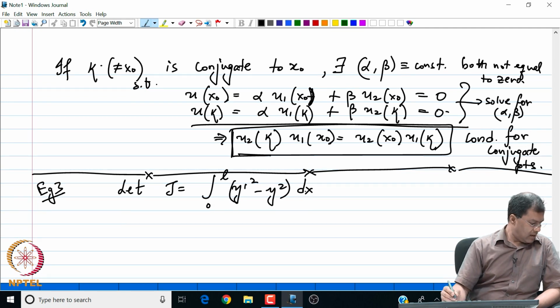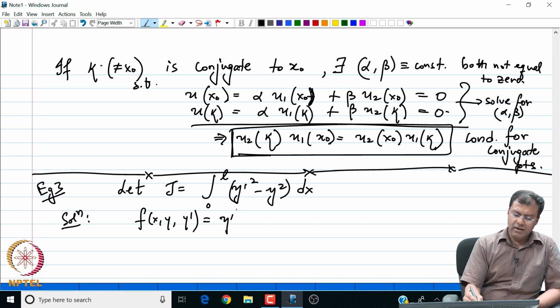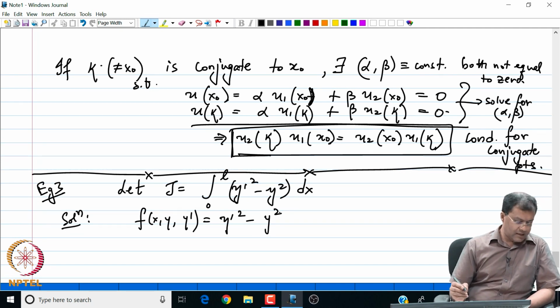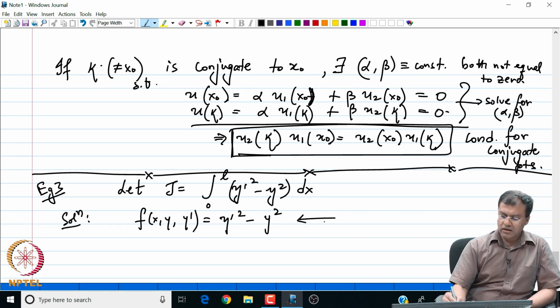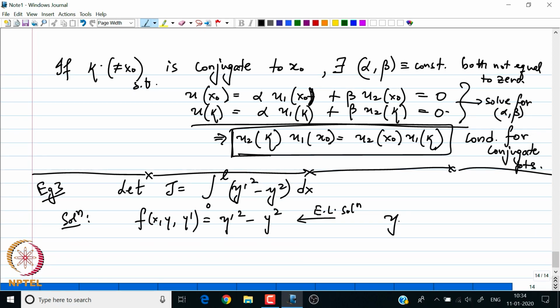And for this functional, I see that my integrand is y prime square minus y square, and the solution to the Euler-Lagrange equation will give me that the extremal y is C1 times cos of x plus C2 times sin of x.